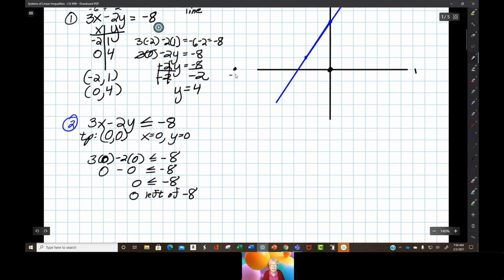Here's -8, and here's 0. This says 0 is to the left of -8, but that's not true. So, uh-oh. 0, 0 gives us a false.